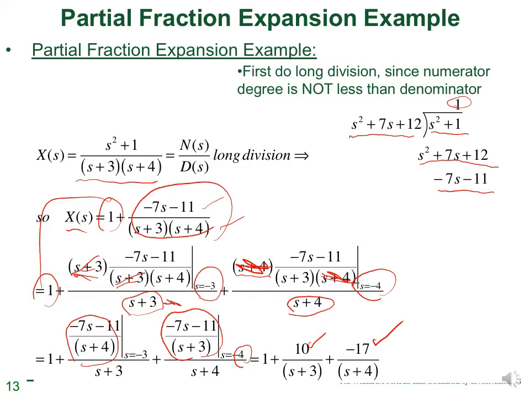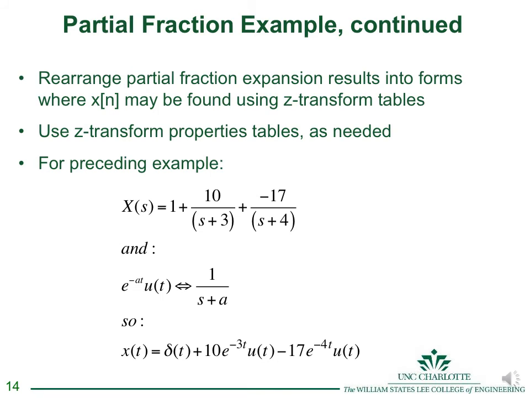Notice that these terms, of course, are in the form that you find in our Laplace transform table. Finally, completing the inverse Laplace transform, each one of these leads to an e to the minus at u of t kind of form.